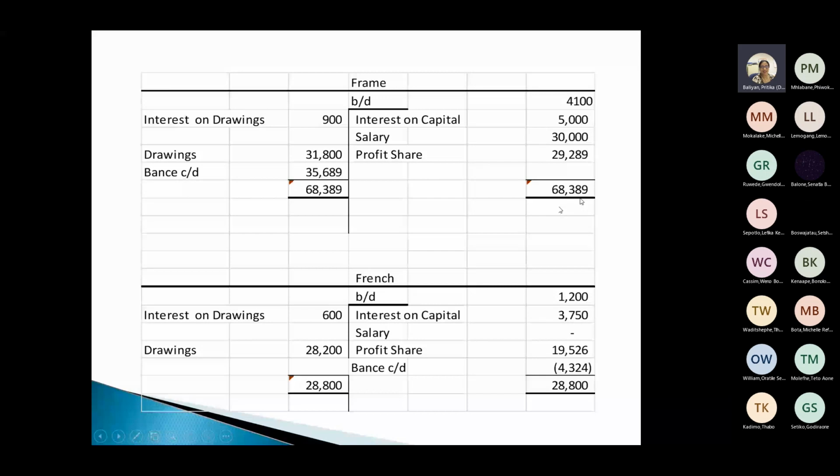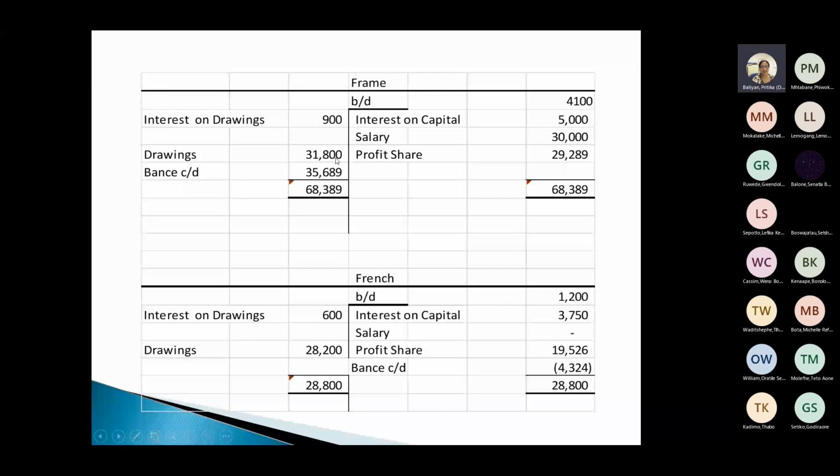From that we subtract the interest on drawings, because they paid interest on the drawings, and also the amount they withdrew as drawings. So their portion in the business currently is 35,689. We get 35,689 after subtracting the 900 and 31,800 from the total.